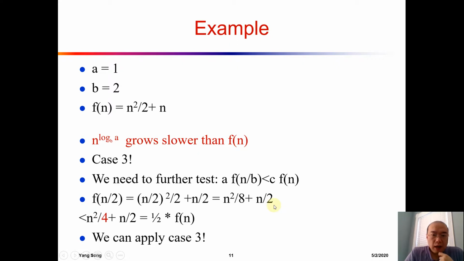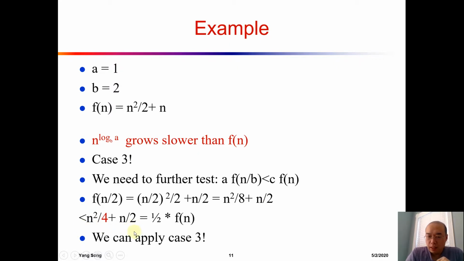Now I'm trying to prove that it is smaller than c times f(n), where c is a constant value. What I'm going to do is decrease the number 8 to 4. Now n squared is divided by a smaller number, so this term will be larger. So n squared divided by 8 is smaller than n squared divided by 4, and this one is guaranteed to be smaller.